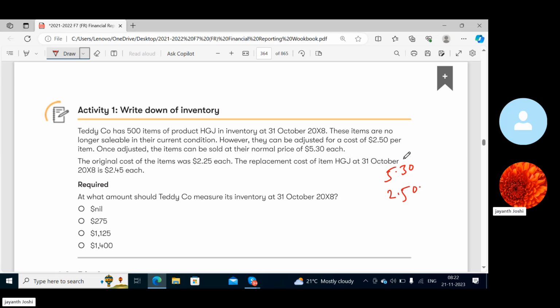Actually the original cost is different, but we'll be taking the adjusted cost. Why? Because some adjustment has been done as per the current conditions, right? So selling price minus the adjusted cost.